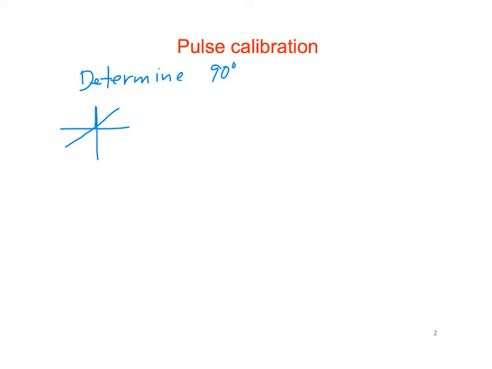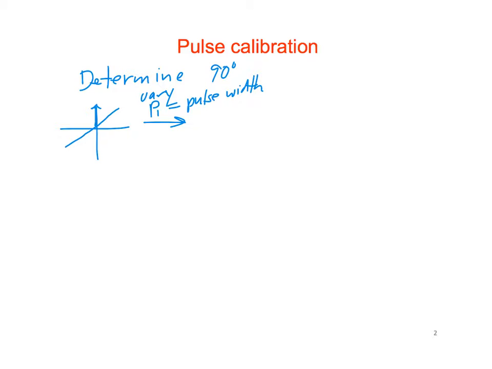And we are just going to vary what's called the P1. So this equals the pulse width. We use a high power pulse, and the 90 degree pulse width is the amount of time that we apply that pulse.